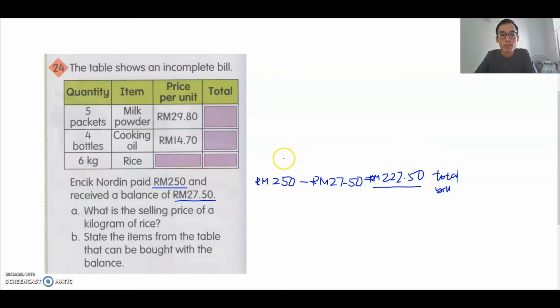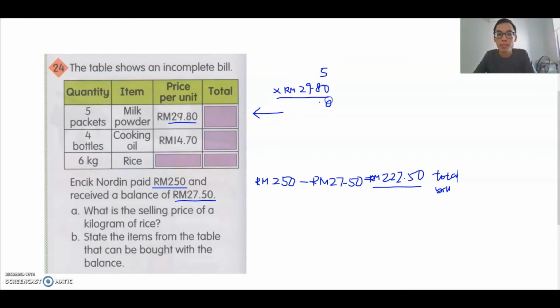Okay, so from there we can find out the selling price of a kg of rice. Okay, let's complete this part first. 5 packets of milk powder, okay, 5 bungkus. 1 unit is 29 ringgit 80 cents. So 5 packets you have to times 29 ringgit and 80 cents.